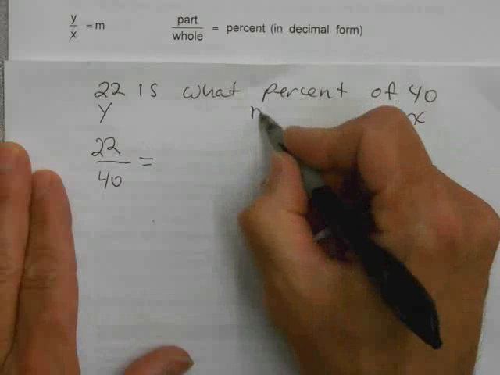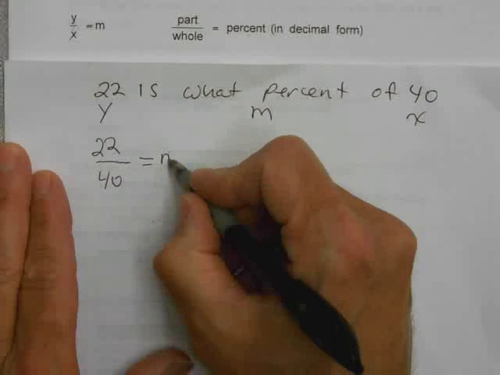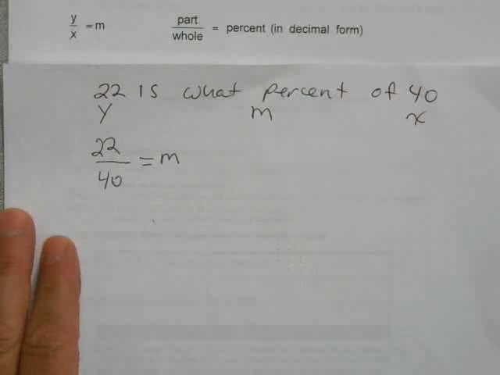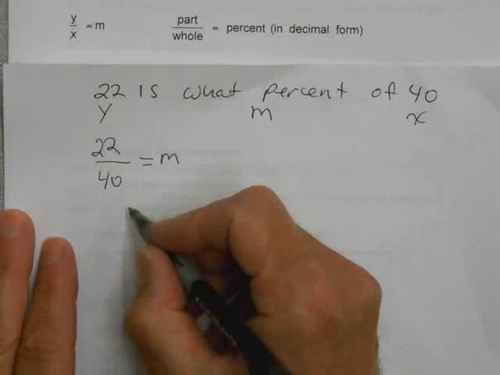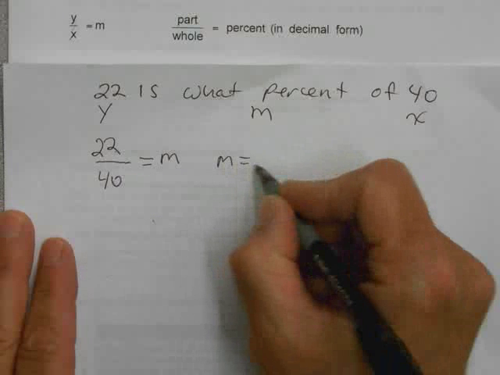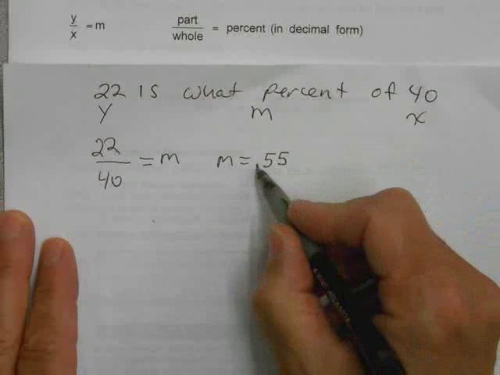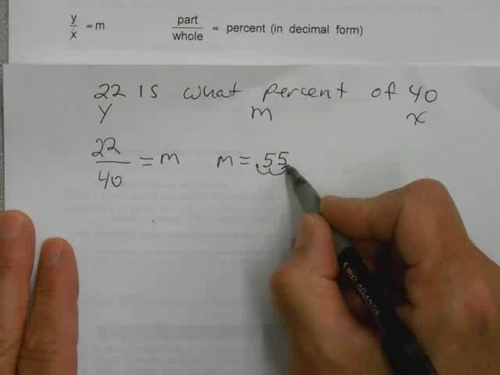And if I divide 40 into 22, clearly I'm going to get less than a whole, because 22 is smaller than 40, and I'm going to find out that m equals 0.55, and then I'm going to convert this into a percent, moving my decimal point 2 places to the right, and m equals 55%.